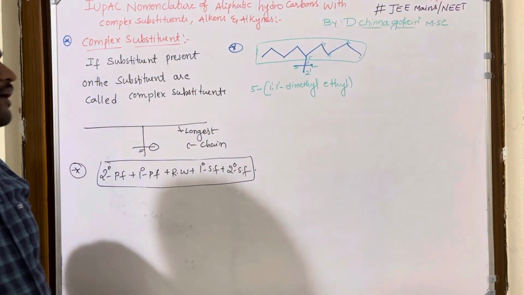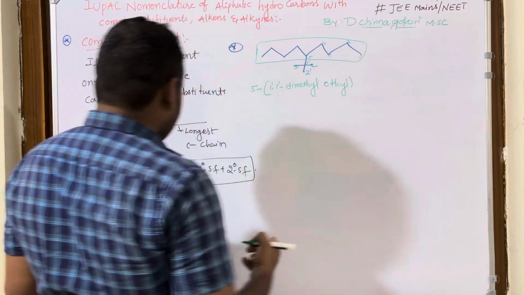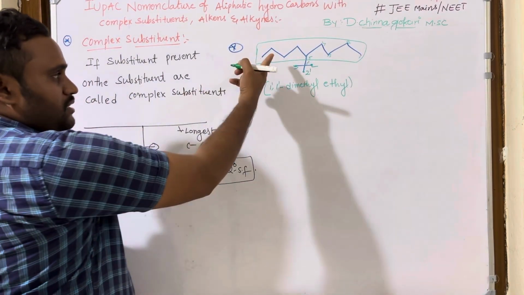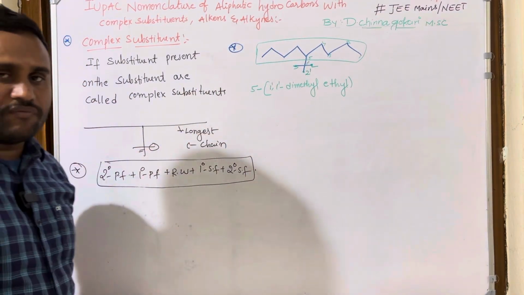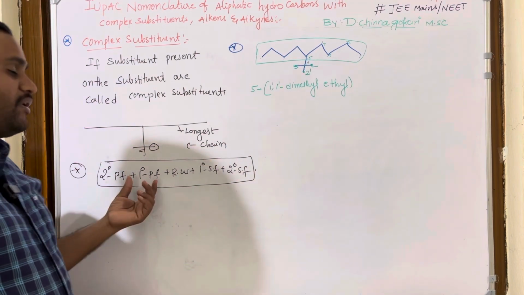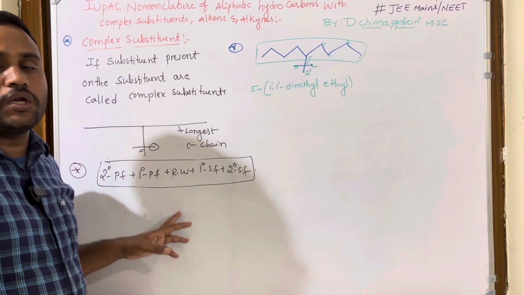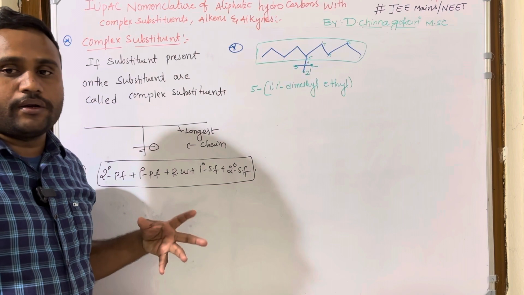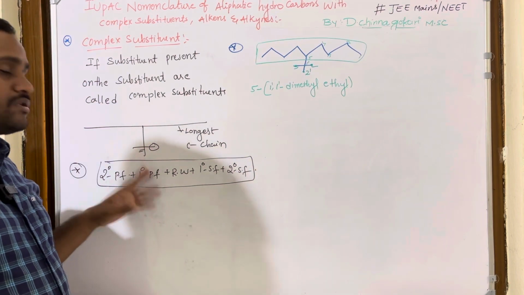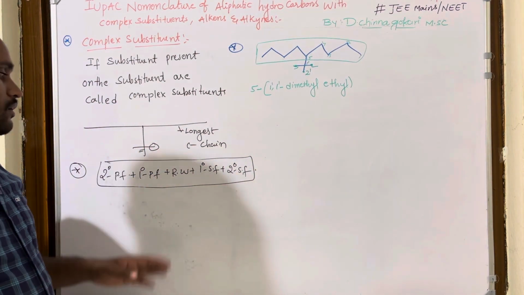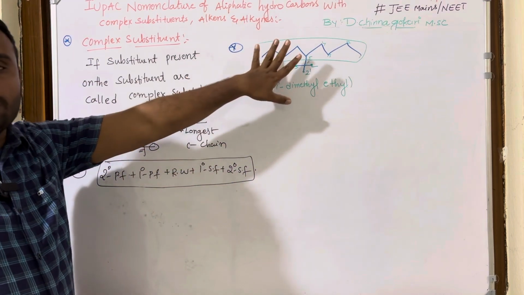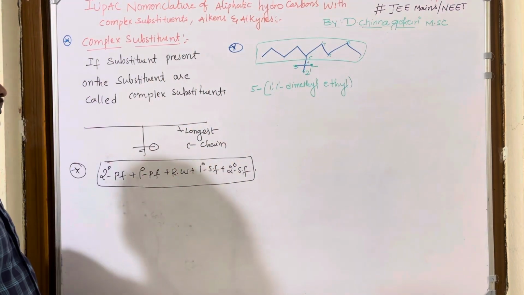Immediately close the bracket, and next come to the primary prefix. It is an open chain, so there is no need for any primary prefix. We use a primary prefix only for cyclo, bicyclo, spiro compounds. Here it is an open chain compound, so no need for a primary prefix.